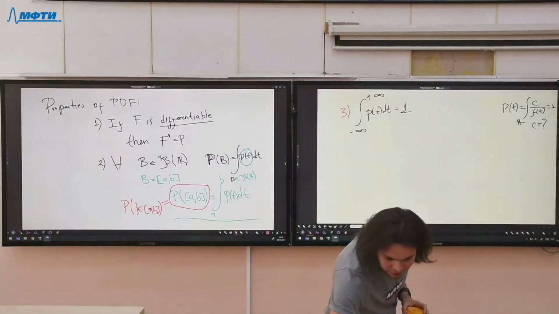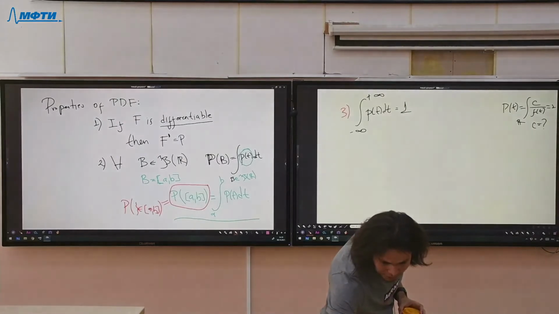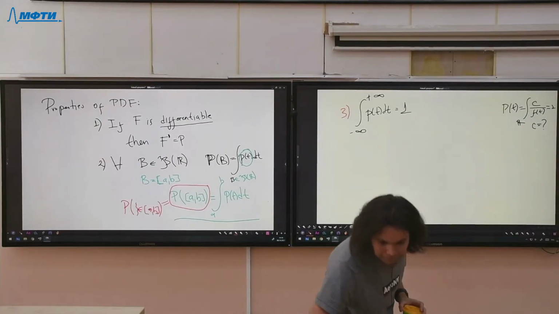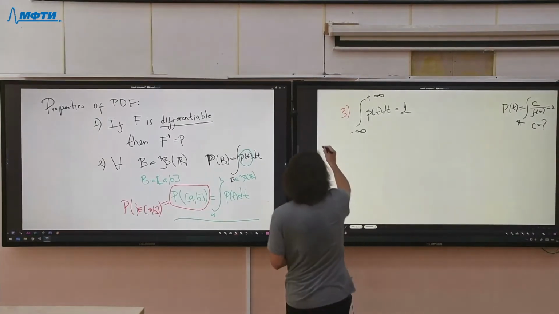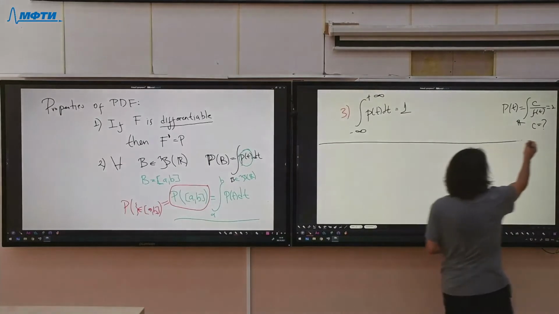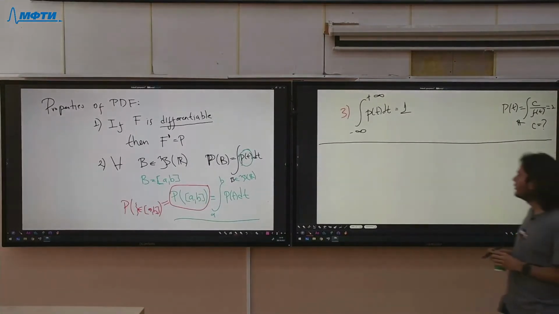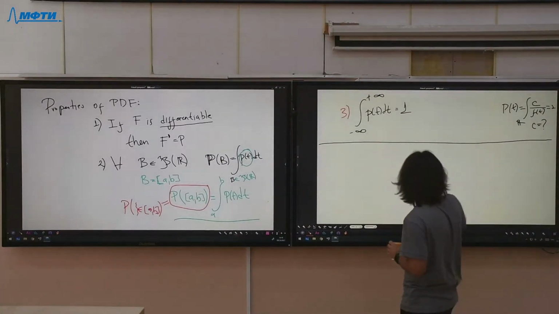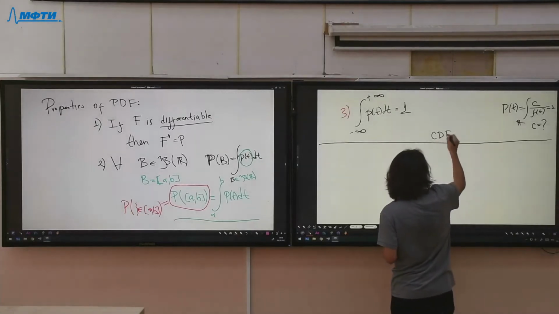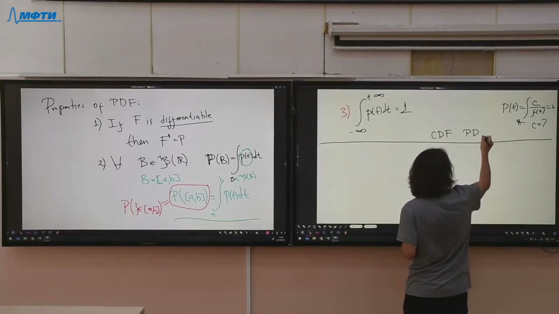Now, what do we need to do next? Some examples, all right? So now we have two functions, right? Again, we have the CDF and we have the PDF.